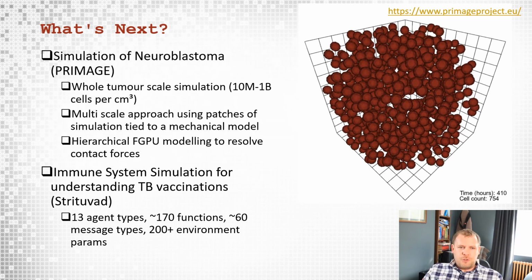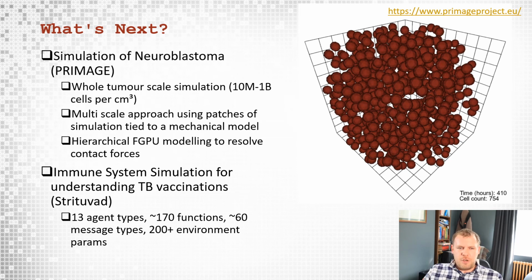So this uses another feature of Flame GPU2, which is the idea of submodels. So we can use hierarchical modeling to resolve contact forces. So we describe a submodel that is iterative and will resolve forces to a particular acceptable level, and then that submodel runs as part of a larger model which encodes the actual cellular behaviour or the biological behaviour.